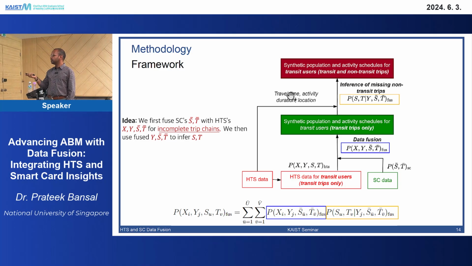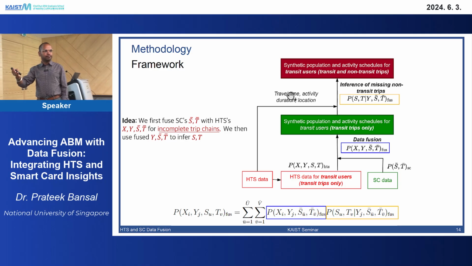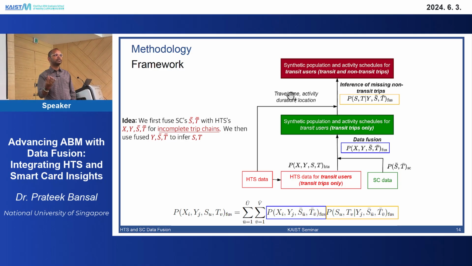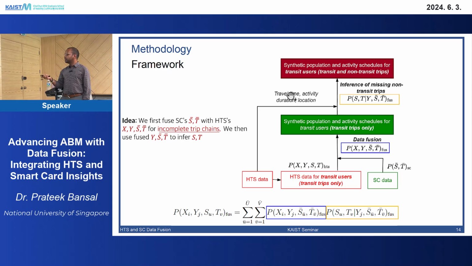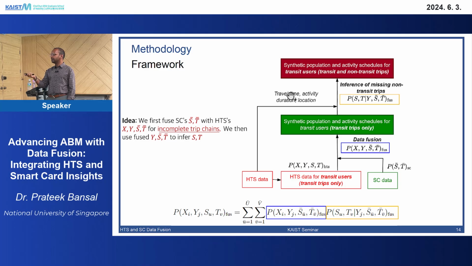But conditional on S bar and T bar, and actually Y, you can put the X here, we can then learn the distribution of the out-of-transit activities' space and time locations. This part is an analytical part that we will be solving.